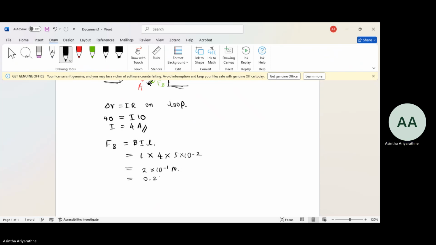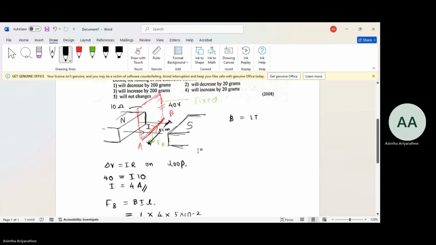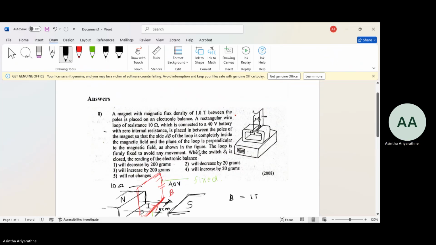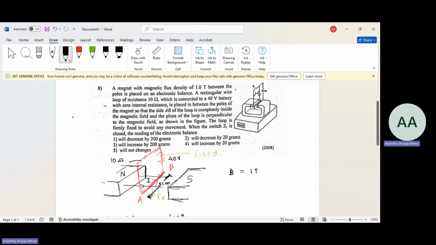That is 0.2 Newton, acting downward on the loop. Then, according to Newton's third law, for any action there should be a reaction force acting in the opposite direction on the other object.